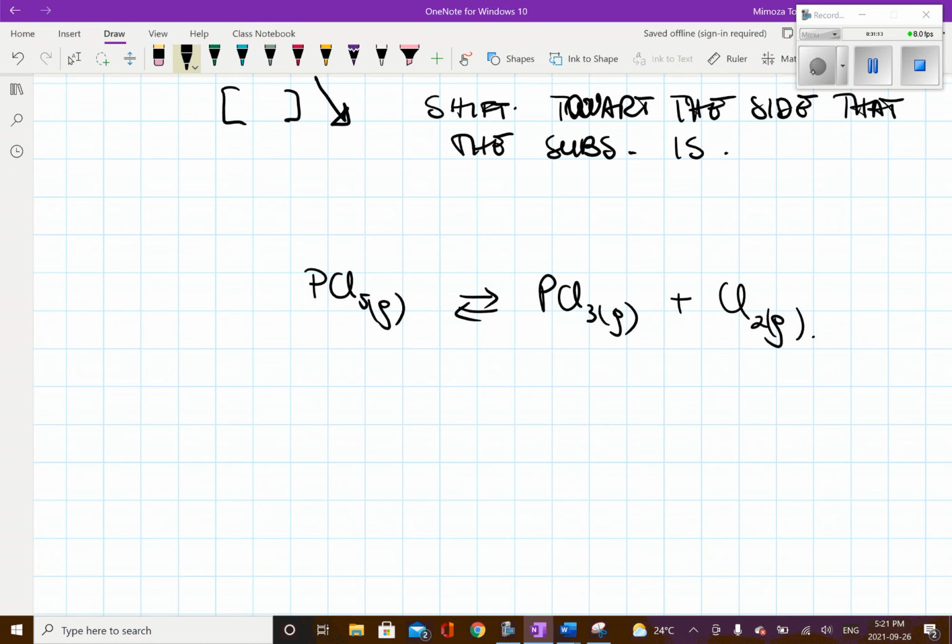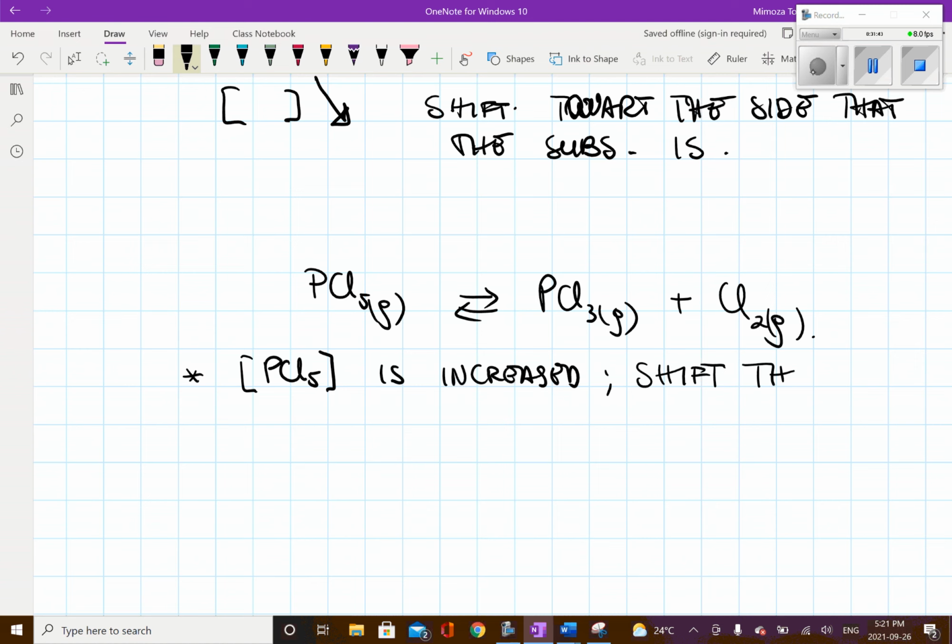So let's take now, if the concentration of PCl5 is increased, then the system will be saying, no, I don't want this, we'll use it up and will be shifted to the right.